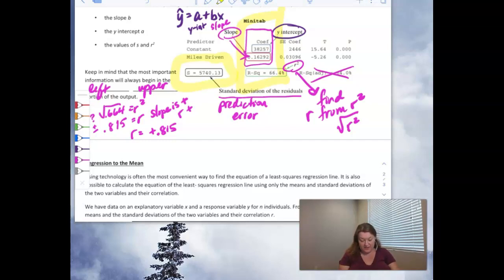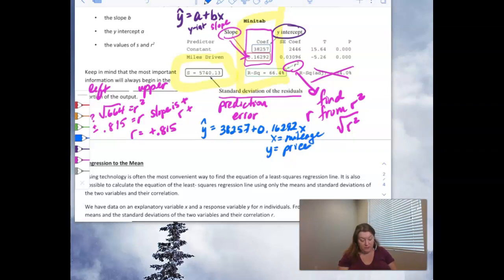All right, so once I know that, I can write my best fit line equation by putting it into this format: y hat equals 38257 plus 0.16292 X, where X is mileage and where Y is price of the car.